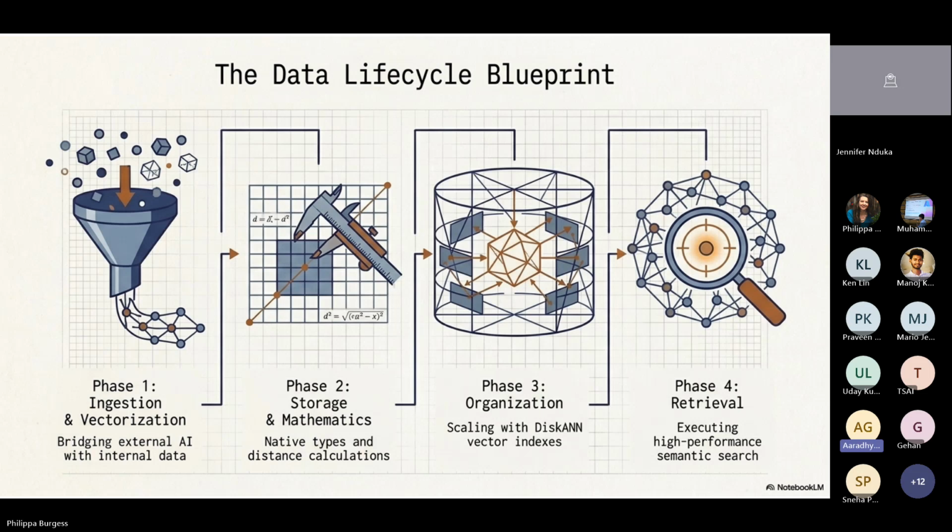So we utilize a native vector data type. Under the hood, the SQL engine stores these arrays in a highly optimized binary format. This optimizes memory consumption and allows the CPU to execute mathematical calculations directly on the data without needing to parse strings.